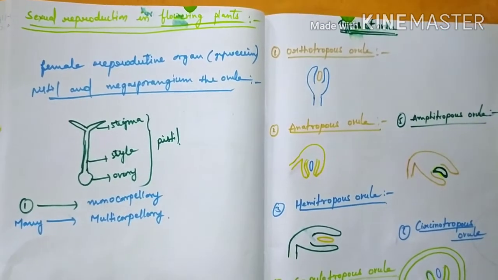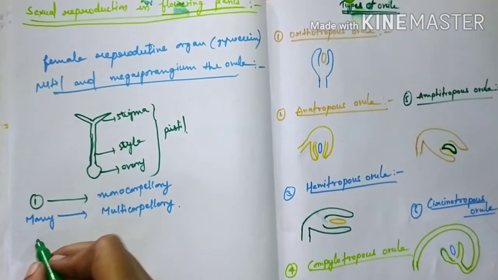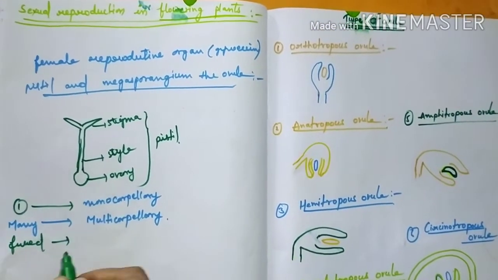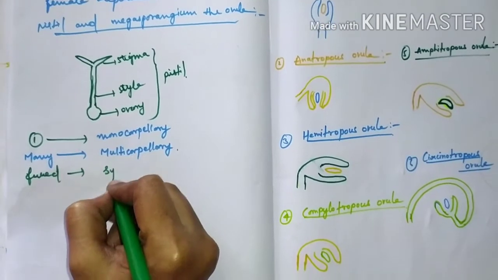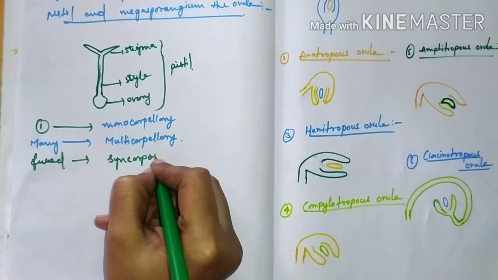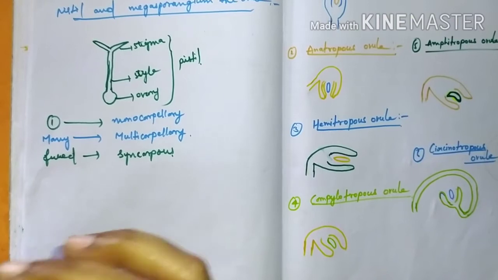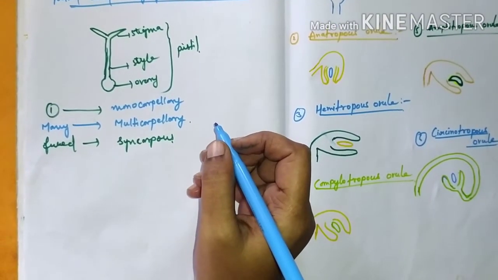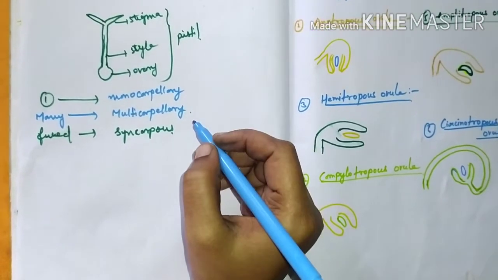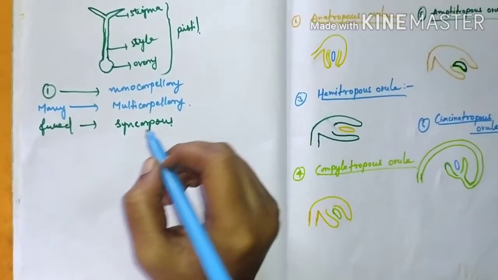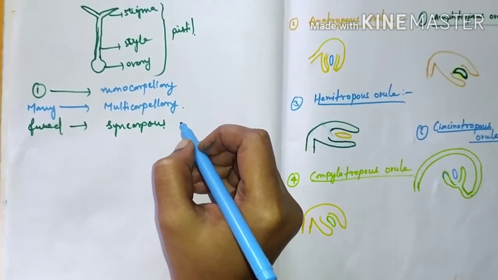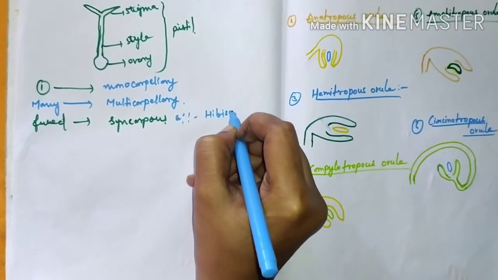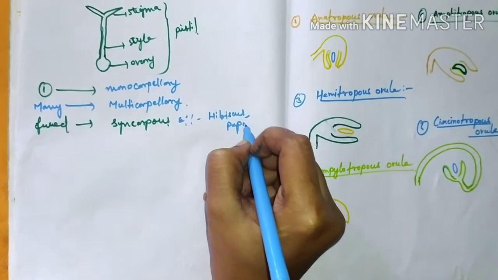And friends, in the multicarpellary condition, if the pistils are in fused condition, then that is called syncarpous. Where the pistils are fused, meaning the style, stigma and ovary are fused. The examples are hibiscus and papaver.